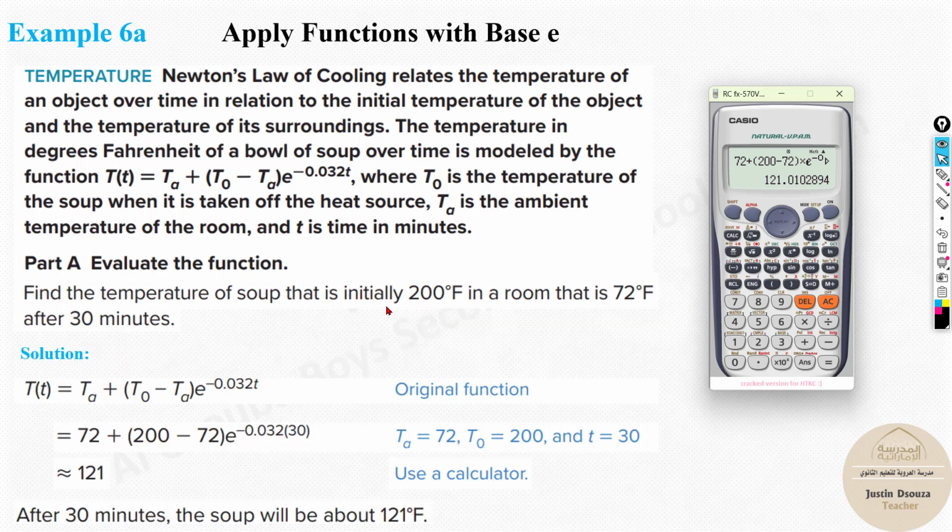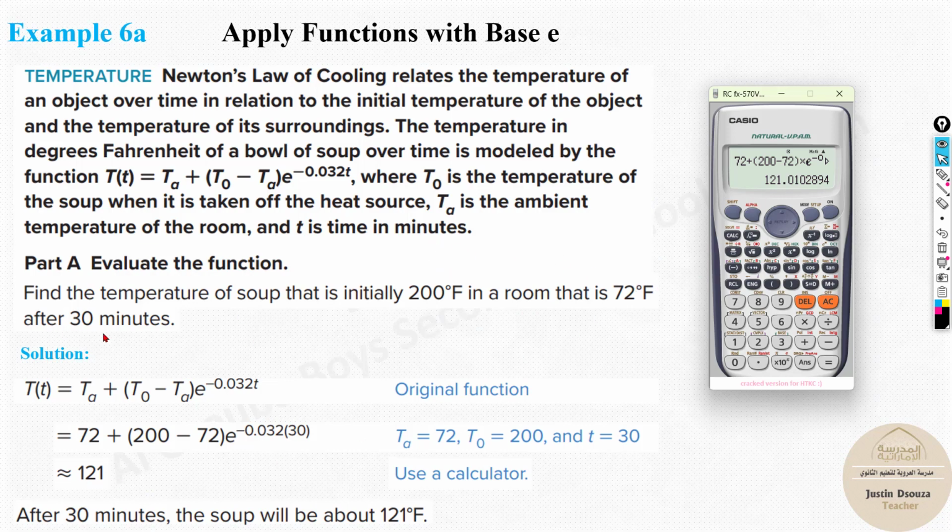Now I just want to make you understand this problem. See, the soup was initially how much? 200 degrees Fahrenheit, but the room was 72 degrees Fahrenheit, right? Now here what happens? There is a temperature difference. Whenever there is higher temperature, it flows down to lower temperature, right?